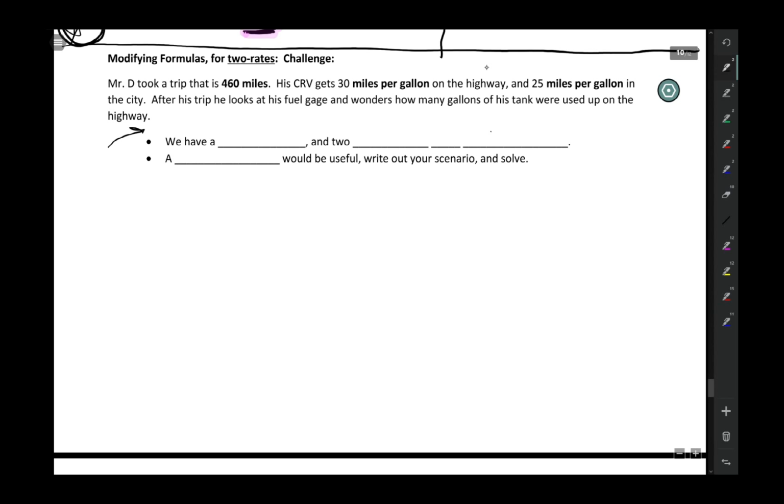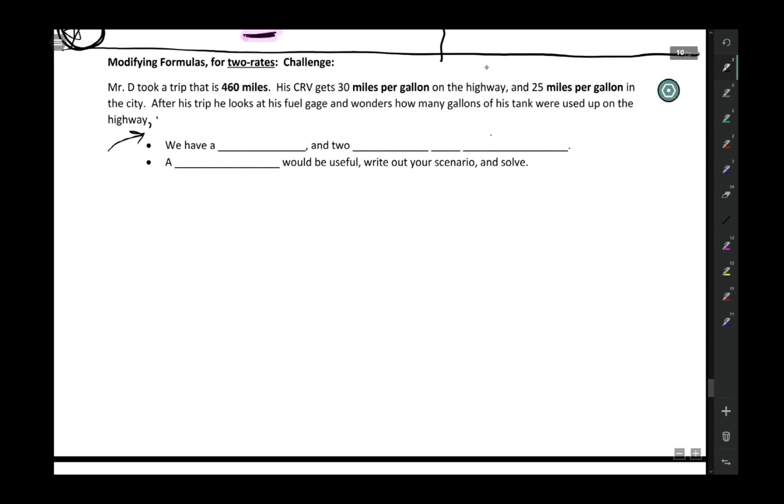So Mr. D took a trip of 460 miles. His CRV gets 30 miles per gallon on the highway and 25 miles per gallon in the city. After his trip, he looks at his fuel gauge and wonders how many gallons of tank were used up on the highway if the car used 16 gallons.